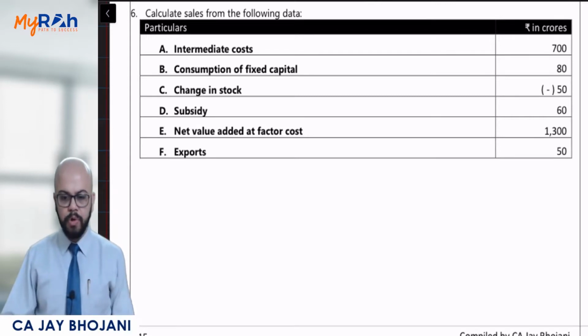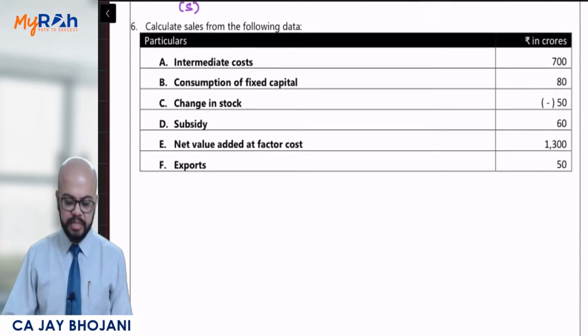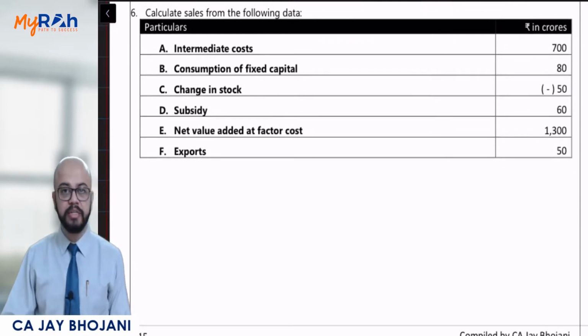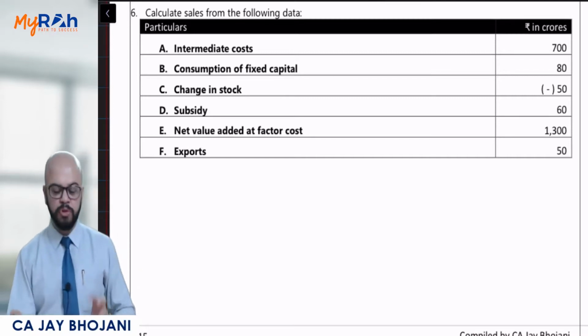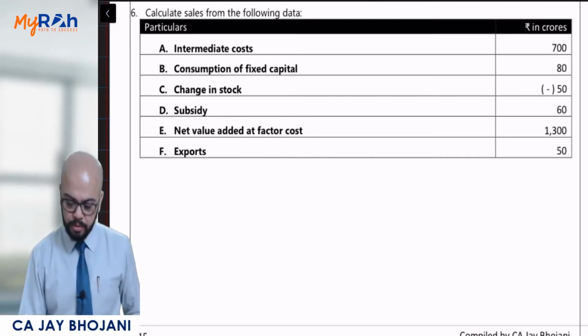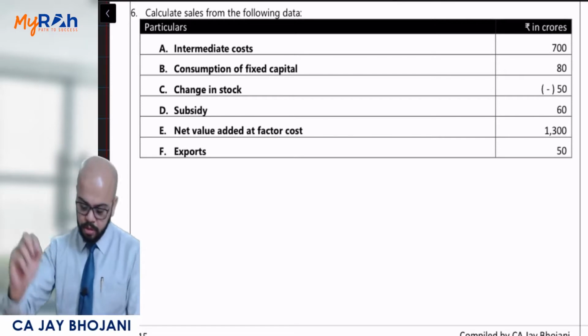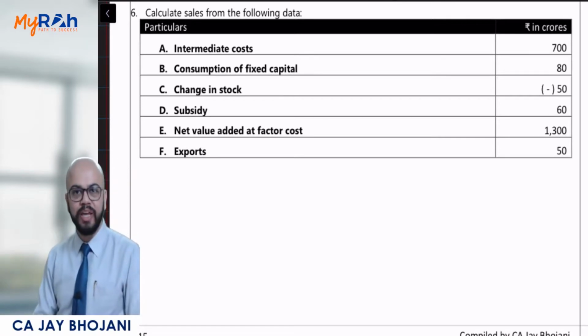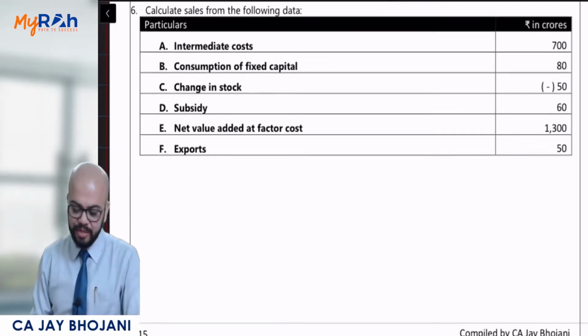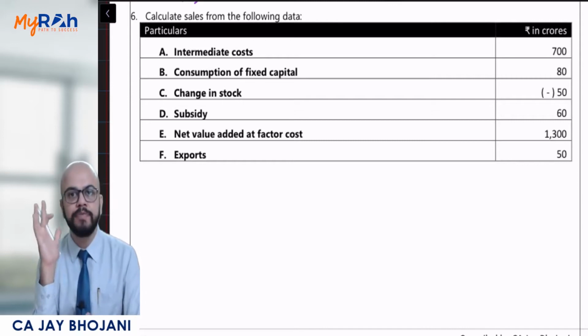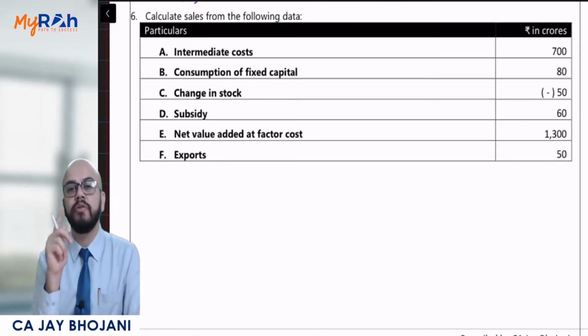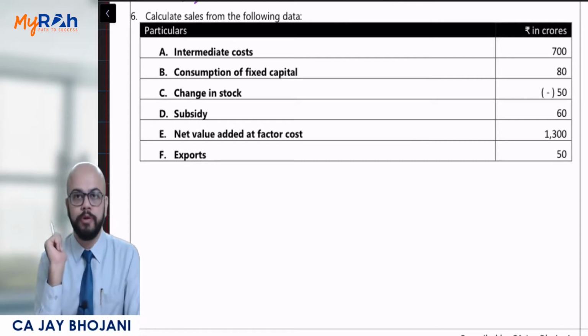So now how do I calculate sales from the following data? That is the question. See, it's not going to be easy, so you will have to think a little. This question is more technical than what we have solved so far. It's the last question, right? Has to be something special. Now, I want to find out sales. When I think of sales, one thing that hits my mind is the formula of value of output.